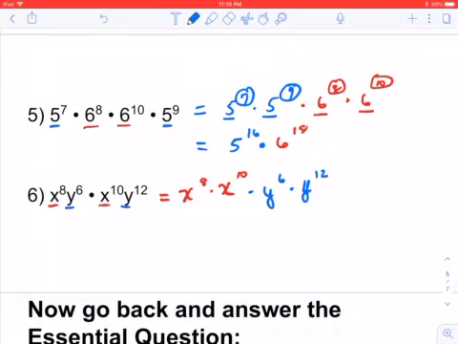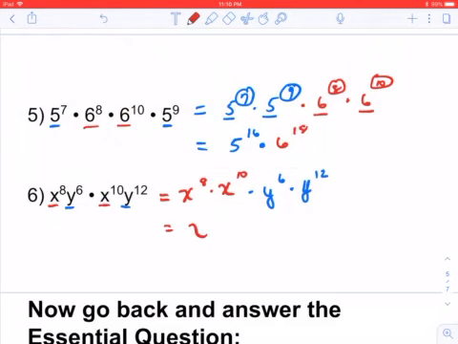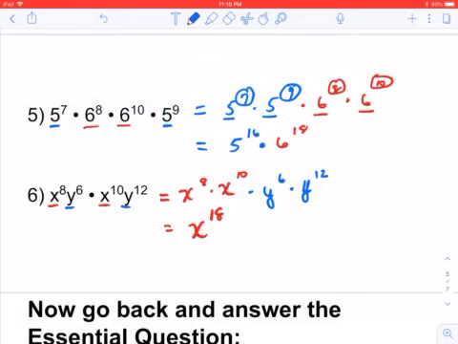And so when this is all said and done, we end up with x to the 18th. And actually, you don't really need that, let me erase that. X to the 18th, y to the 18th also, because 6 plus 12 makes 18, and also 8 plus 10 makes 18.